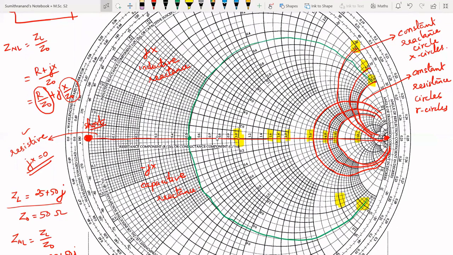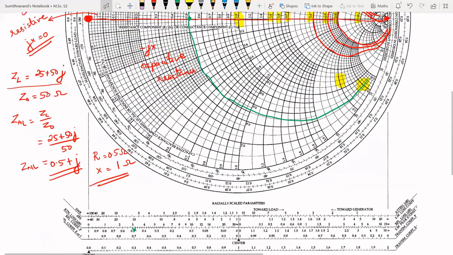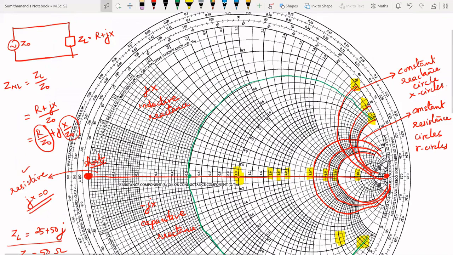Okay. Now, I have drawn that constant resistance circle having a value of 0.5. Now, what is the value of reactance? Here, the reactance value is 1. It is not -1, it is +1. So we have to take the upper semicircle.